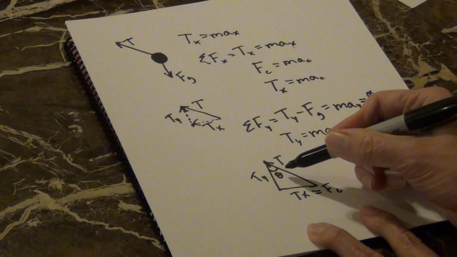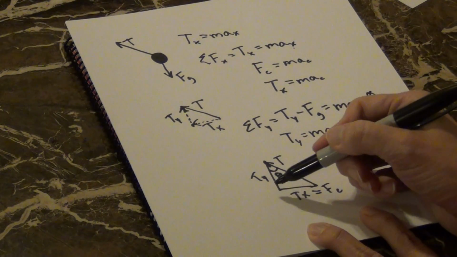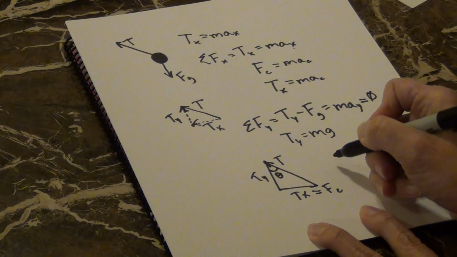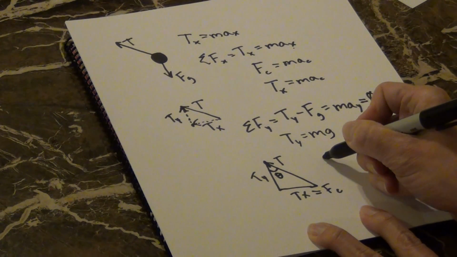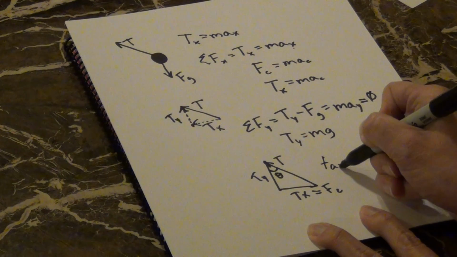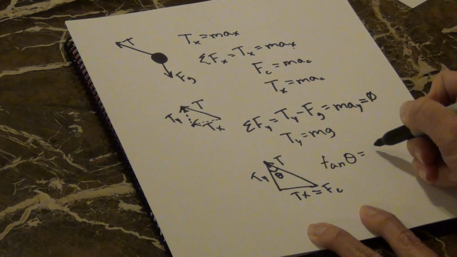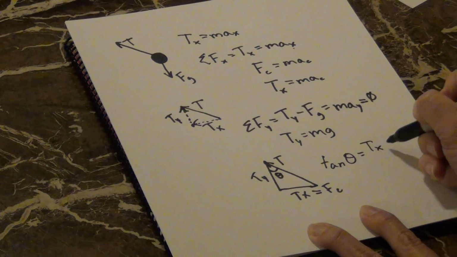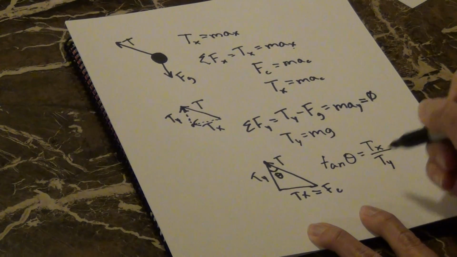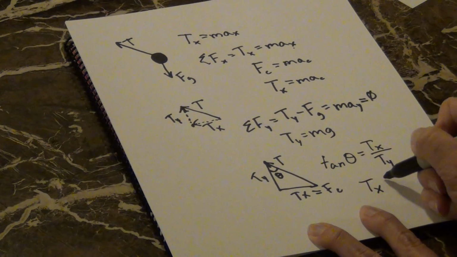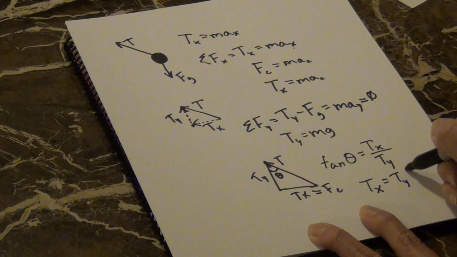That's a good option, right? So now we have theta, we have our Ty because that's just the weight of the pig. So we could have found Tx by saying tangent of theta equals Tx over Ty. So now our tension in the x direction equals Ty tangent theta.